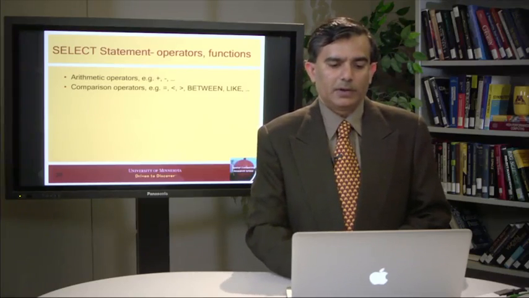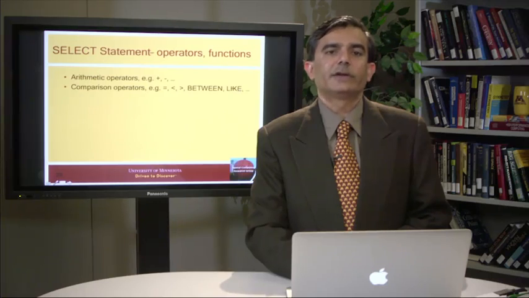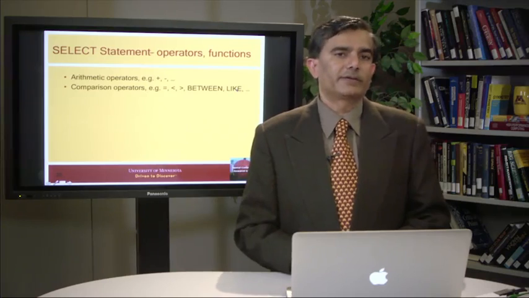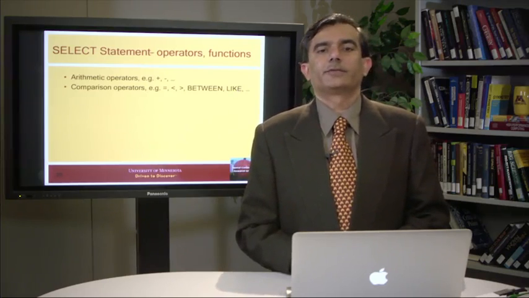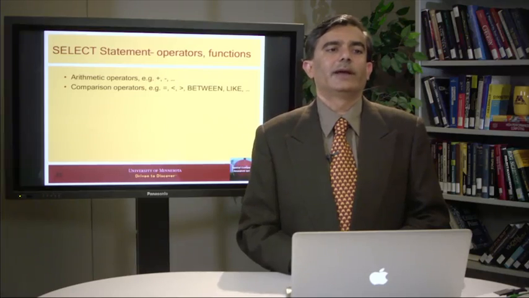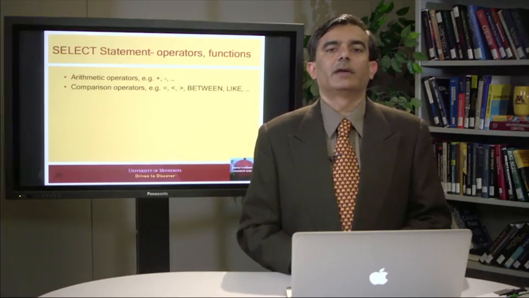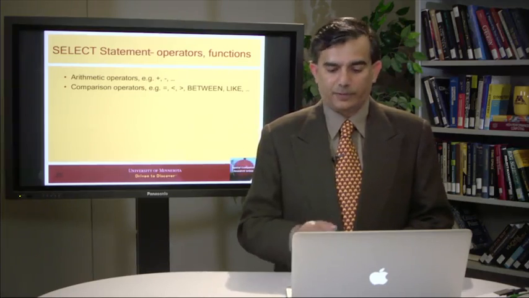And then you have operators for string matching, like the operator called like. You may want to ask for all the countries whose name begins with the letter A or ends with the letter A, and that kind of string matching is provided by like.